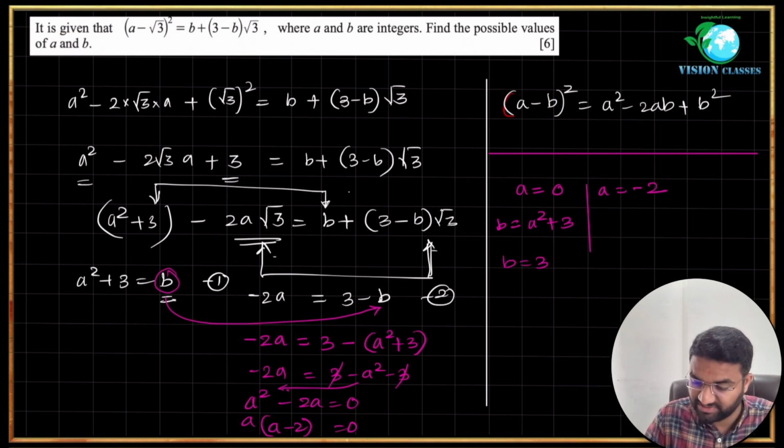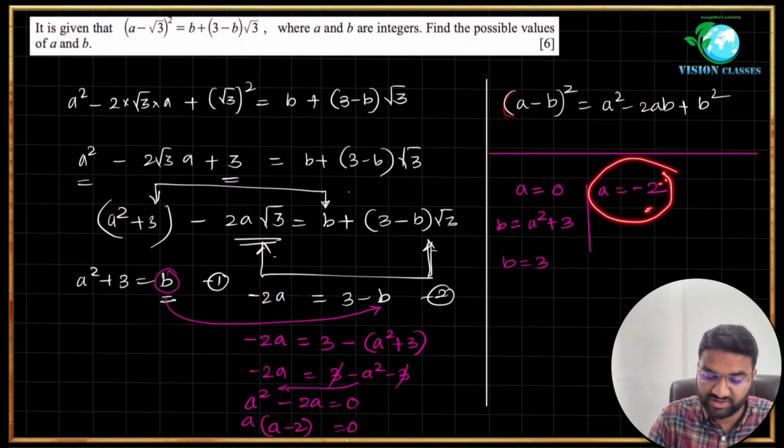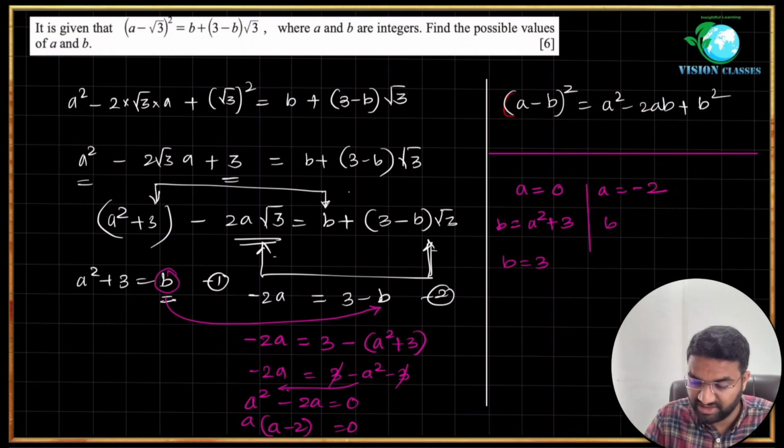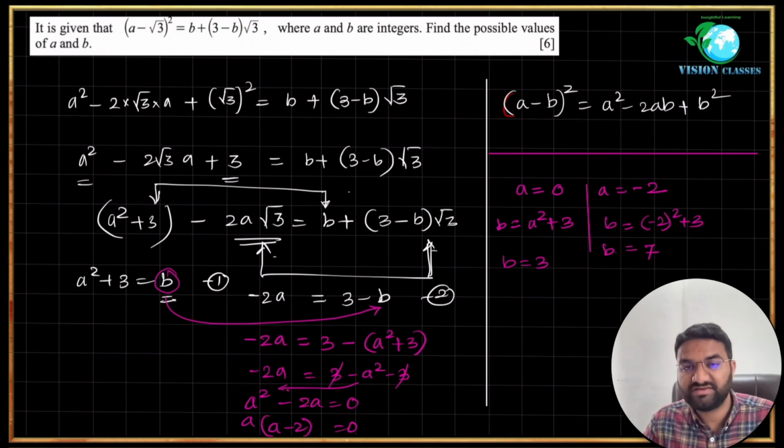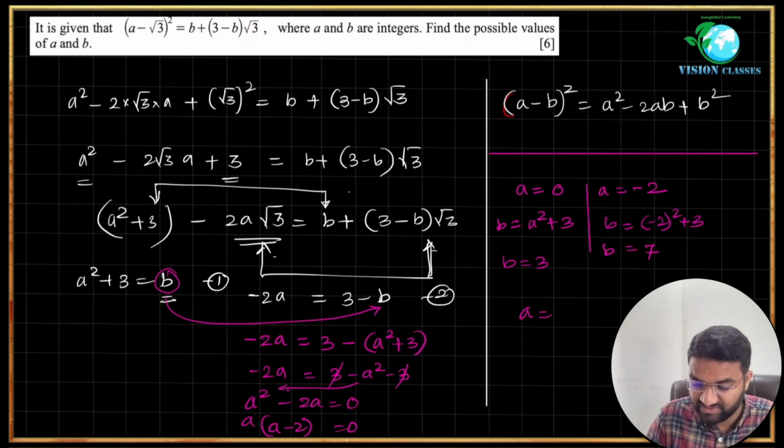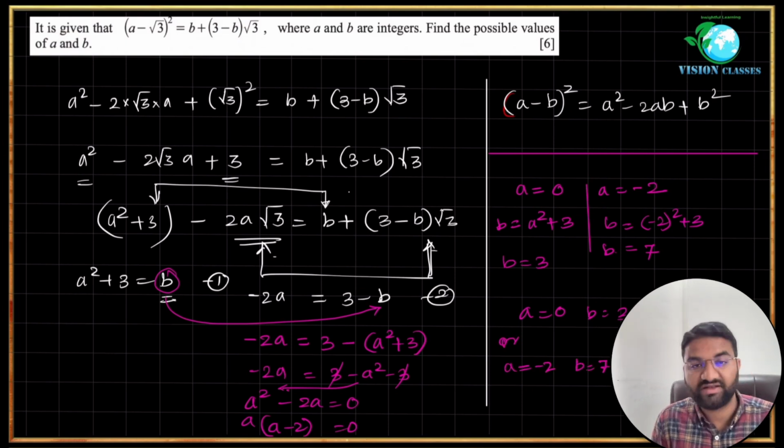And if you substitute a is equal to 2, we will get b is equal to 2 squared plus 3, which is 4 plus 3, that is 7. So we get two sets of values. When a is equal to 0, b is equal to 3, or when a is equal to 2, b is equal to 7. I hope you are getting this one.